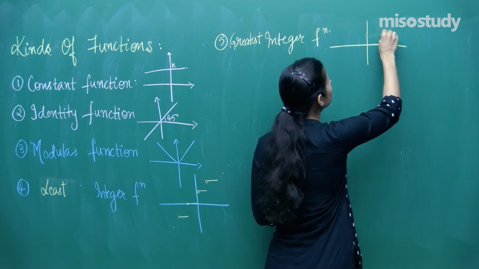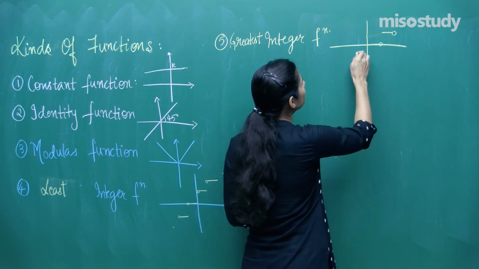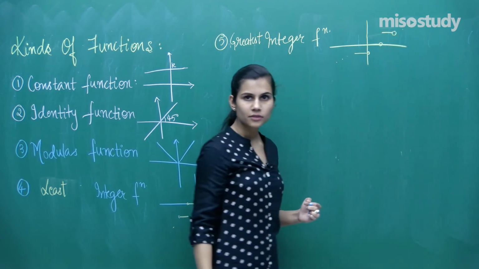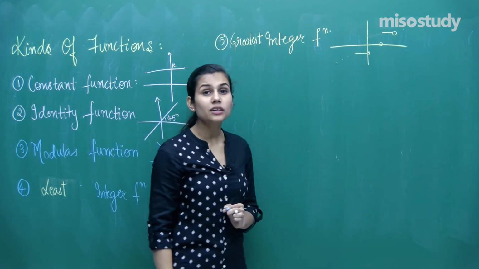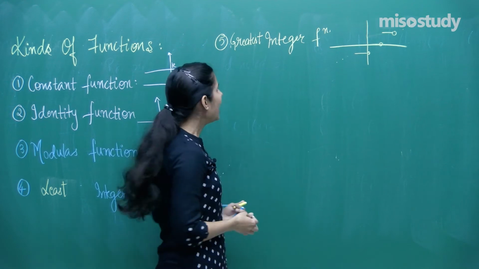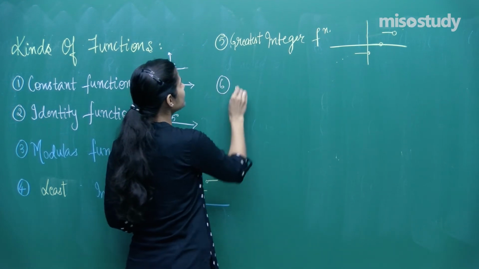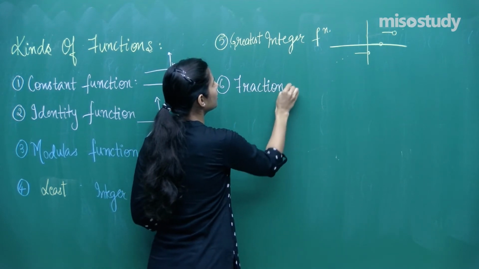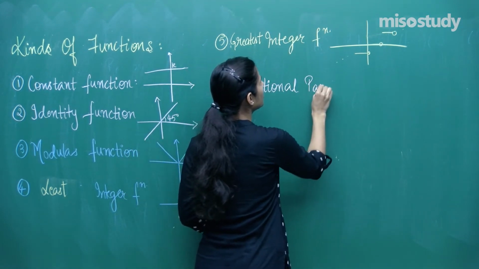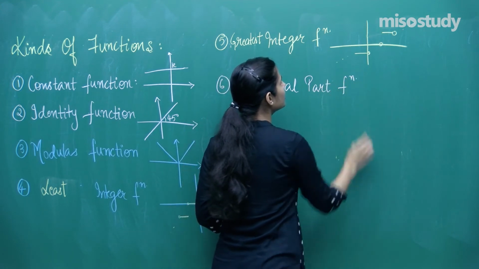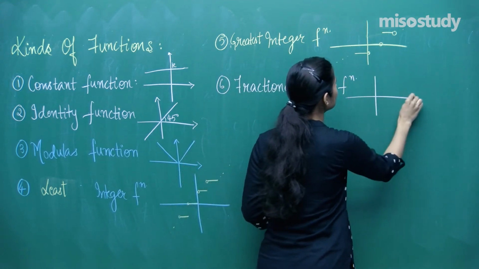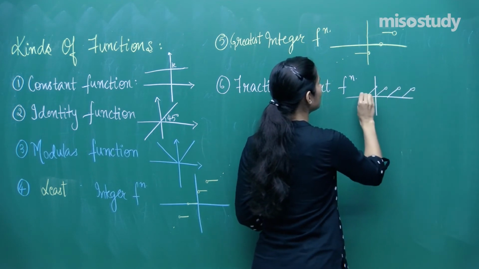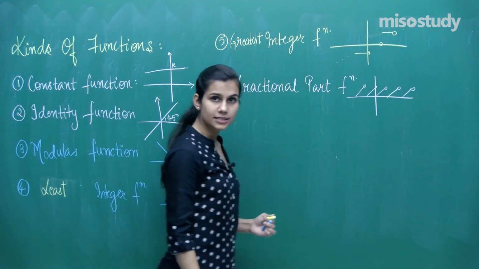Then from 1 to 2, this is the scenario, and so on. This is the graph of the greatest integer function. After which we went to understanding the fractional part function. The graph of the fractional part looked like this.